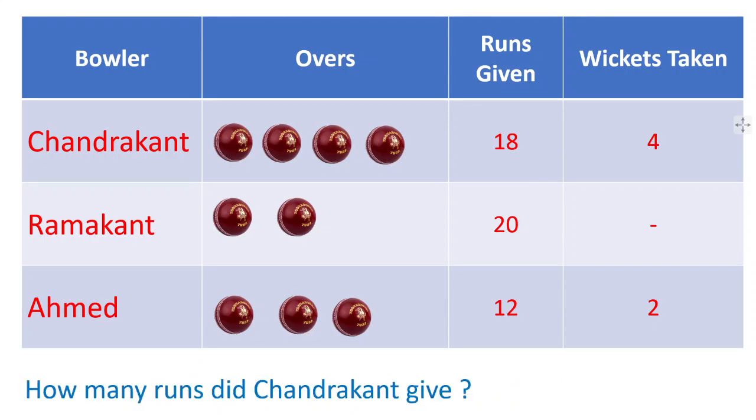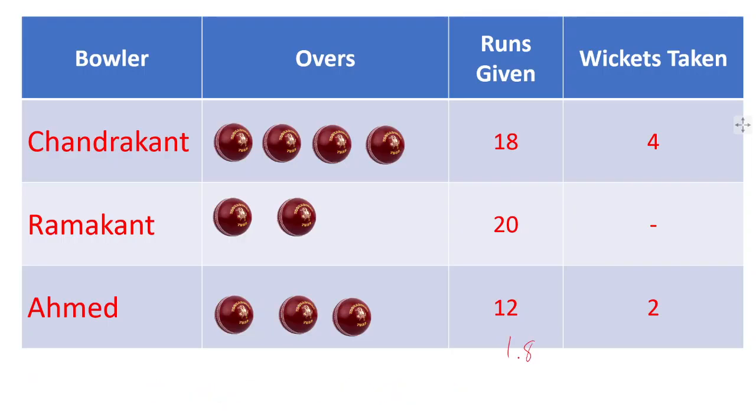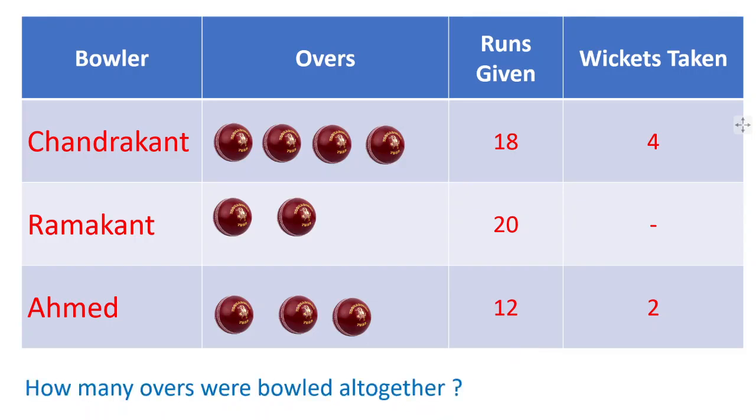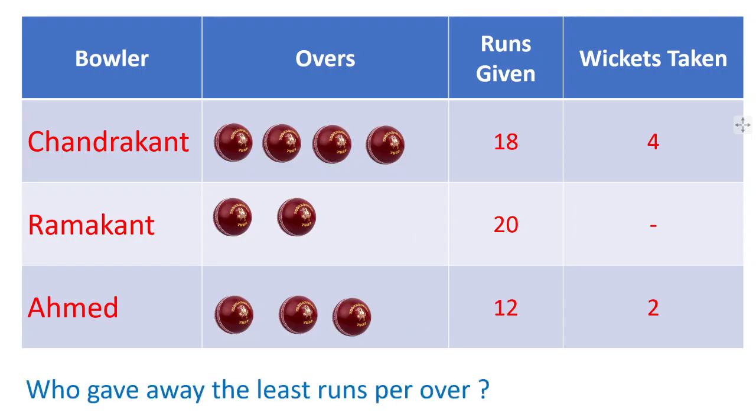How many runs did Chandrakant give? Chandrakant gave 18 runs. Correct? Okay. How many overs were bowled altogether? So we have to count all these. Here there is 4, 2 and 3, 4 plus 3 plus 2, which is equal to 9. Correct? Right. Who gave away the least runs per over?